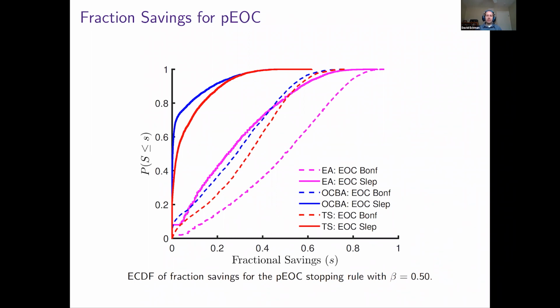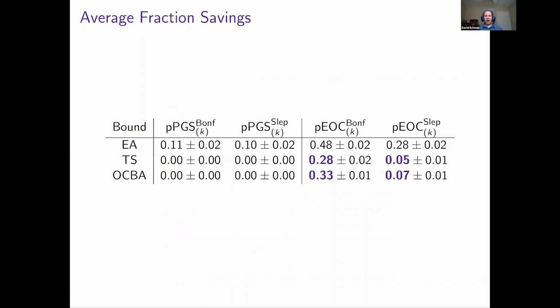And to summarize those values in a table here, the ones I wanted to point out are for those efficient allocation rules, Thompson sampling and OCBA. Exactly computing posterior EOC allows you to stop on average, say about 30% fewer observations when using the Bonferroni bound that's out there in the literature, or an extra 6% savings when using the new Slepian inequality, or Slepian bound that we presented here.